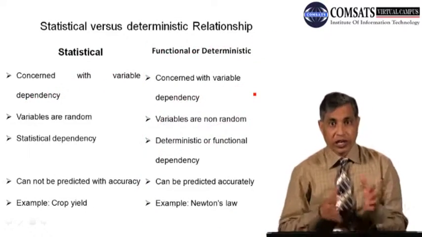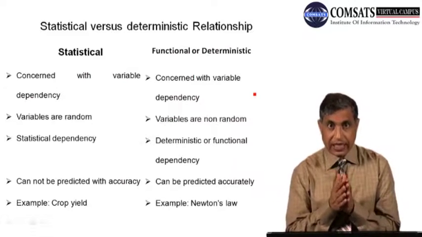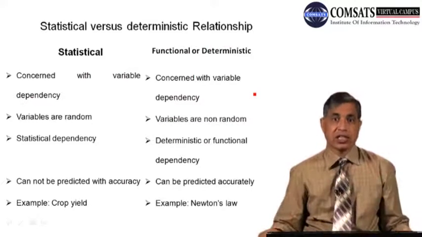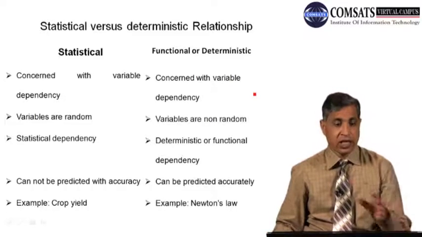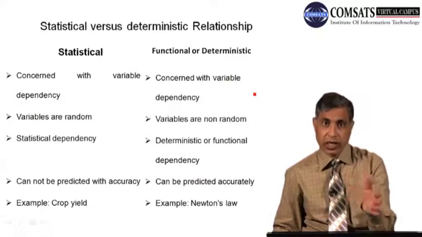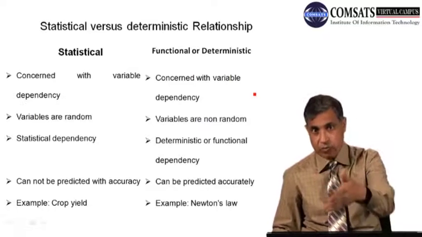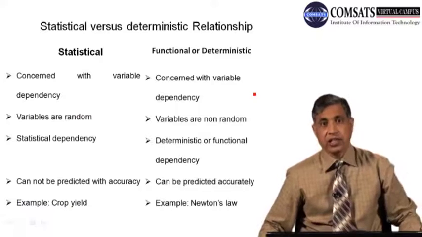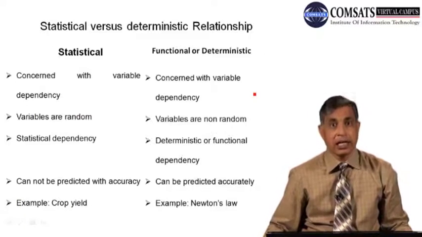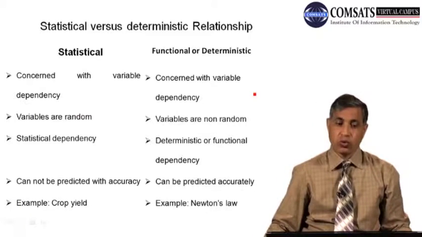Now I would like to give some comparison, as I did in the case of causation and correlation. I would like to compare both the terms that I have just explained previously. What is the statistical relationship and what is the functional, and what are the commonalities and the differences between the two?